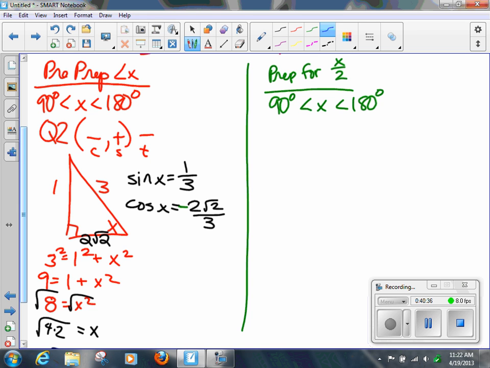Divide everything by 2, which gives me what? 45 to 90. What quadrant? Quadrant 1. What's all of our signs? Thank goodness. Hallelujah, right?